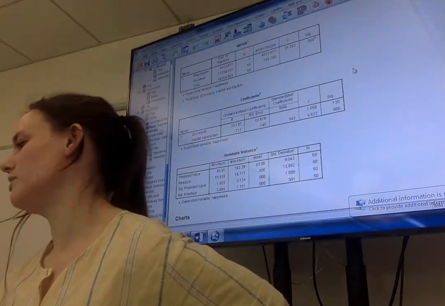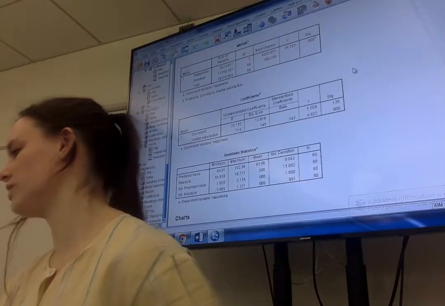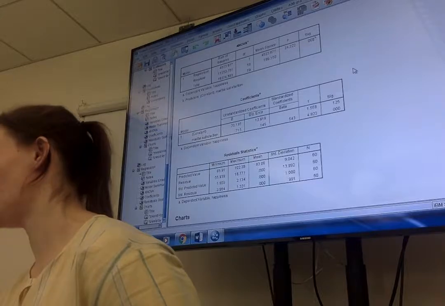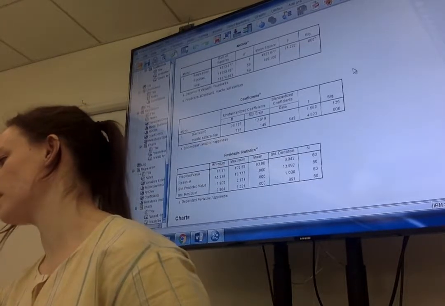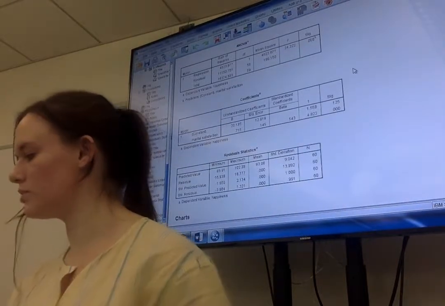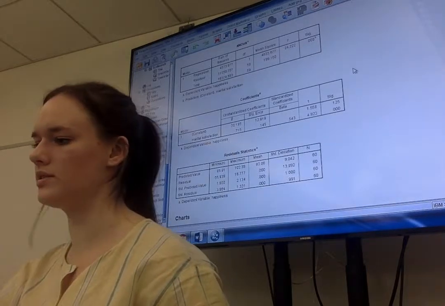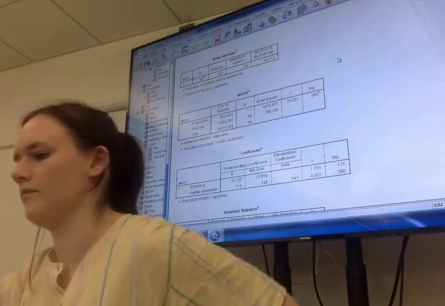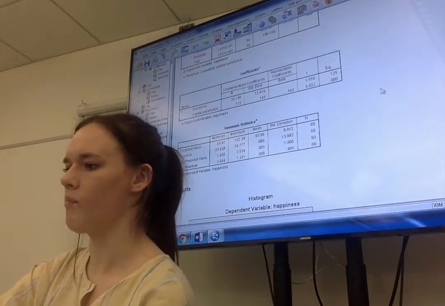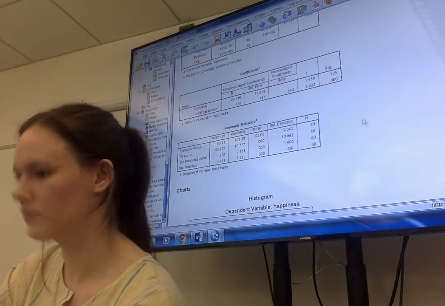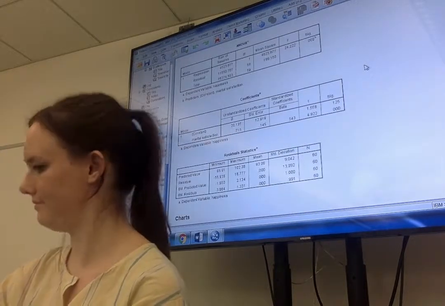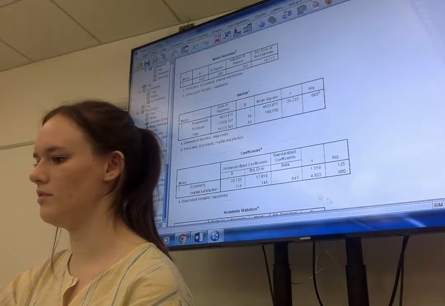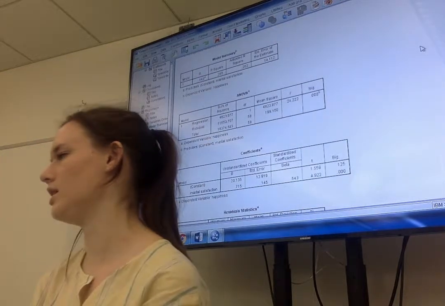And then do we reject or fail to reject the null? What is the significant result, and how do we apply the R squared and adjusted R squared between the variables? So we reject the null. So what does this mean for the question that we're looking at?